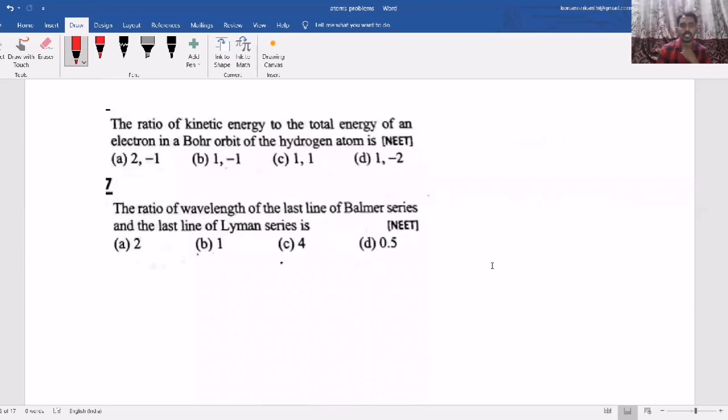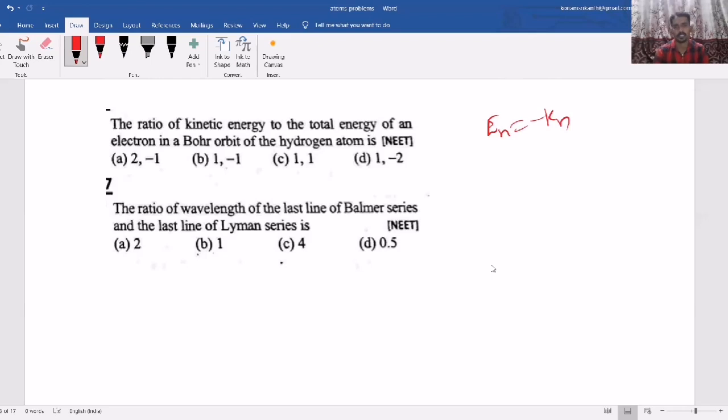Now the next question, the ratio of kinetic energy to the total energy of an electron in a Bohr orbit of hydrogen atom. See, total energy is negative of kinetic energy.